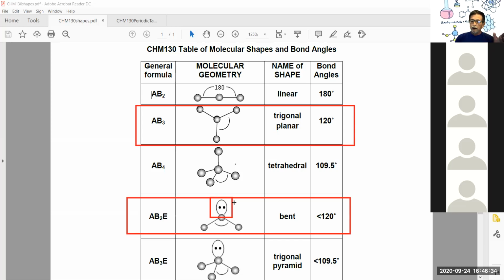Okay. And so compared to the trigonal planar, the one I put a box on the top, by occupying more space, they pull A and B further in together. And hence the bond angle between the oxygens is much less than 120 degrees.